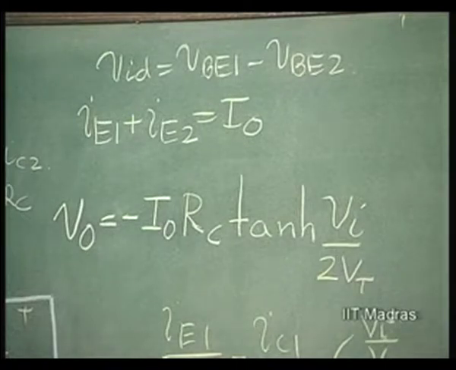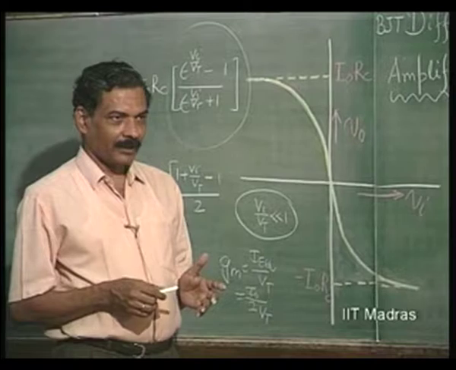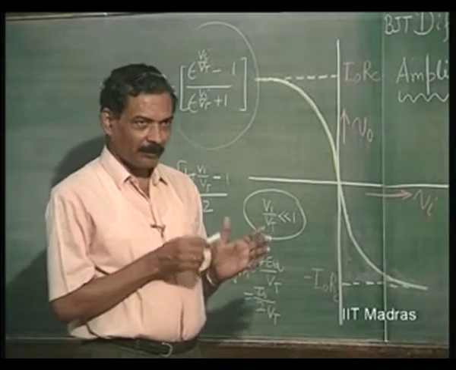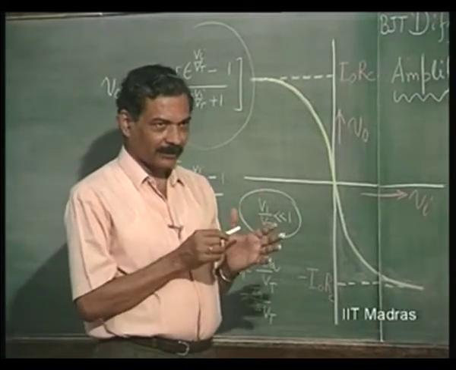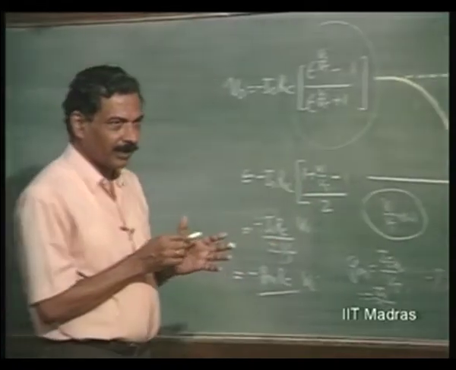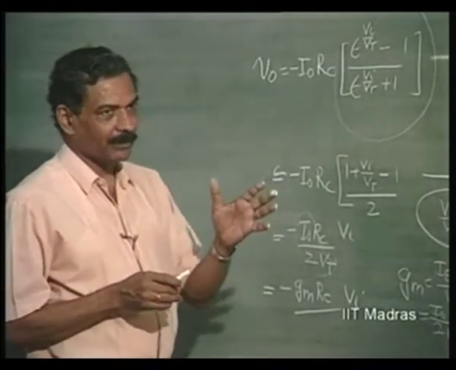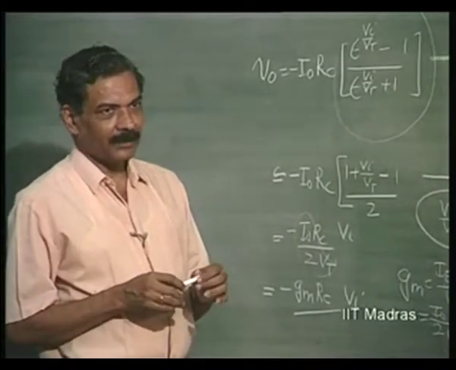The next term is not square, but cubic. In the hyperbolic tan function, you will not have the square function coming into the picture. Why?